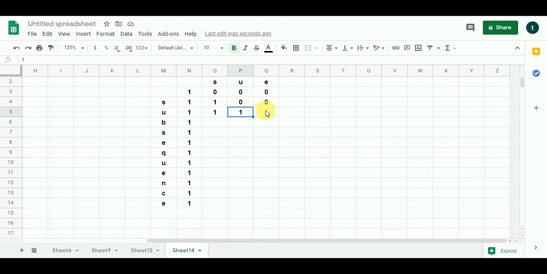Okay, move here. Now U doesn't match with E. Why am I doing so? Because the algorithm is going to now do this. But SUE doesn't appear in SU. So it's going to be 0. From where is this 0 going to come? From here. Alright.